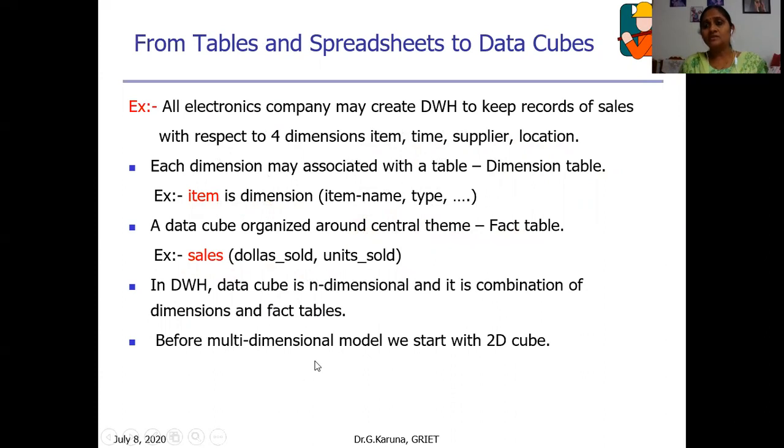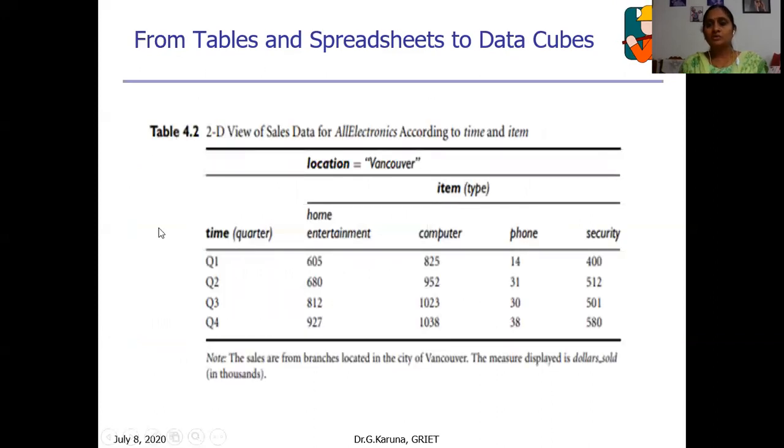Before starting directly with the data cube or multidimensional model, let's go from the 2D cube to the n-D cube. In the same AllElectronics example, initially I am starting with 2 dimensions. One dimension is time, the other dimension is item. What are the quarterly sales of the items home entertainment, computer, phone, and security in a city called Vancouver?